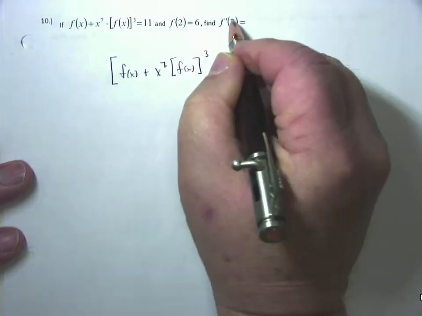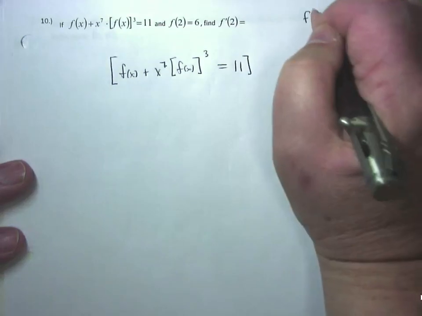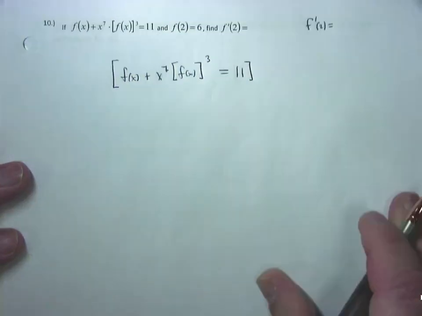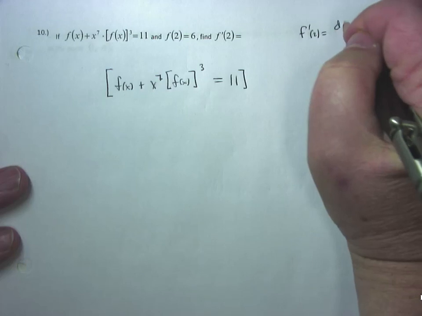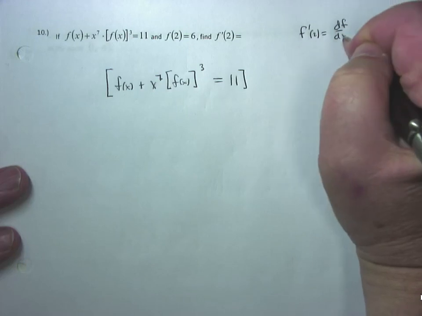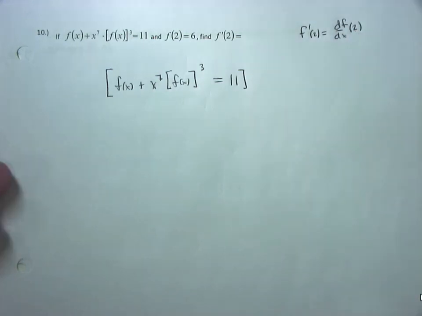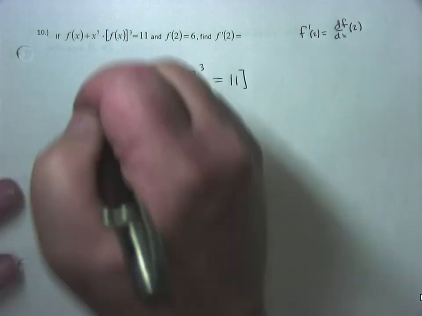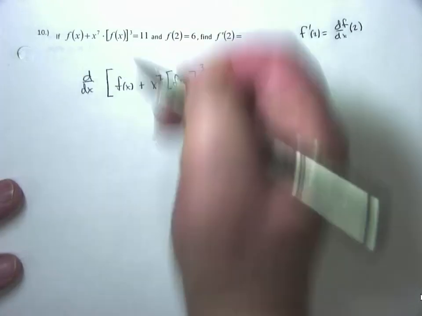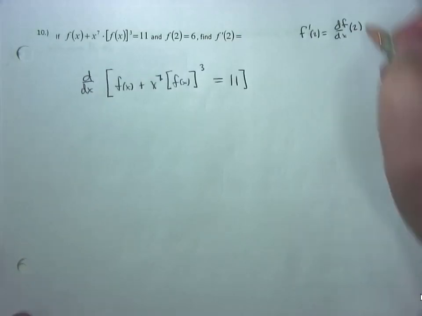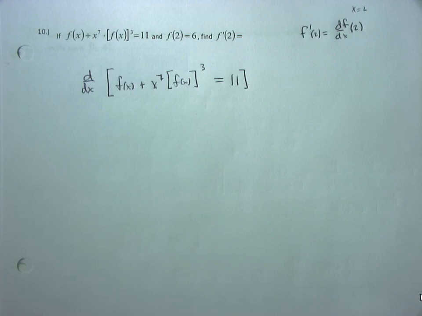We're supposed to take the derivative and find it. What does f prime of 2 actually mean? Well, it means it is df over dx evaluated at 2. It's the derivative. So what I'm going to do here is, first off, before I plug in x as 2, I'm going to take the derivative with respect to x on this thing.